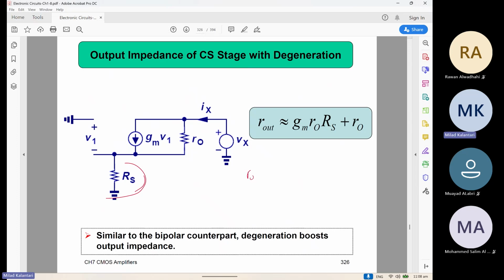If you remember, for the BJT, we were showing it like 1 plus GM RE times RO, if I am correct. So this is pretty much similar actually. If you simplify it, it's pretty much similar, so the calculation is similar.